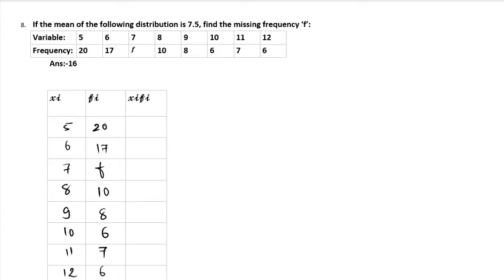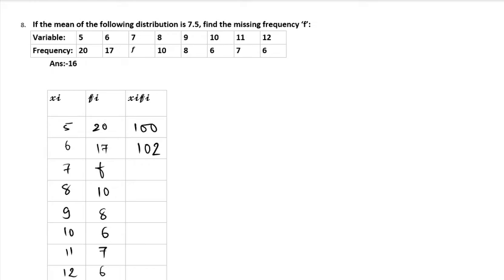Let us right away find xi fi. So xi 5, fi 20, 5 into 20 is 100, 17 into 6 is 102. I'm just confirming these answers in the calculator. You are not allowed to use any calculators, okay?